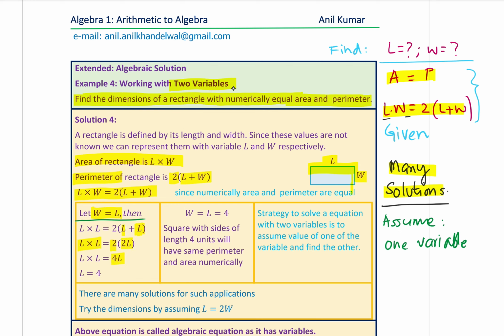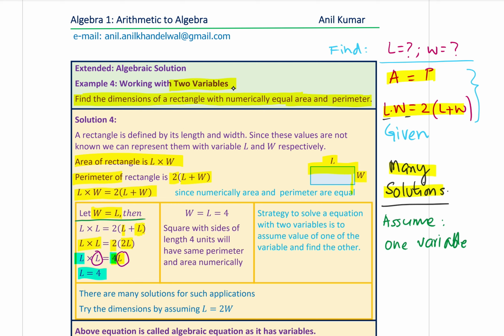Now if you see that, what do we get? Well, clearly we have this L and that L the same, and that leaves us with the solution, that is the length should be 4. Do you see that part? So length is 4 units.